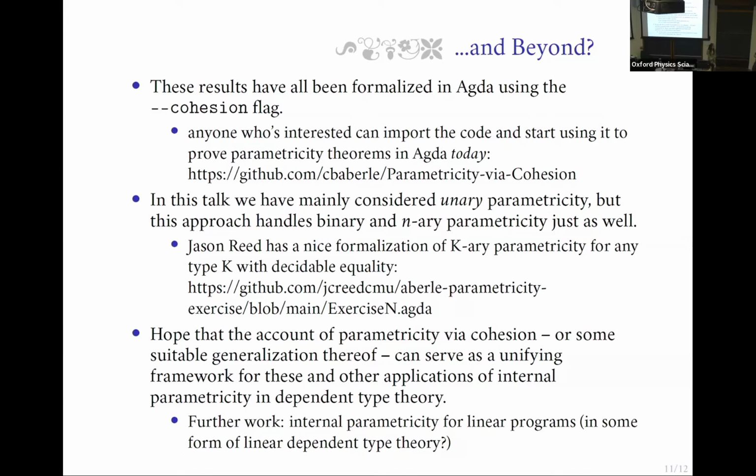I have a question. What happens if cohesion doesn't hold everywhere, but maybe I have some kind of relative cohesion? Have you thought about that? Relative cohesion. I haven't thought too hard about that, but now that you say it, that is an interesting thing, because there are a few instances of internal parametricity where the models aren't cohesive, including even the Kolomatskaya-Shulman one about semi-simplicial types, because that's based on semi-simplicial sets, which is not cohesive.